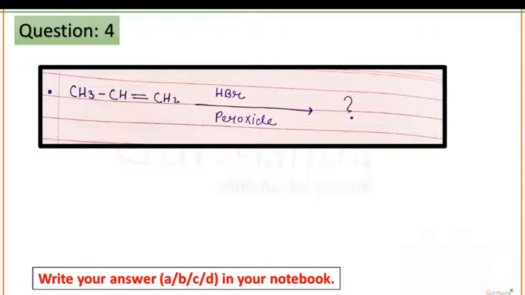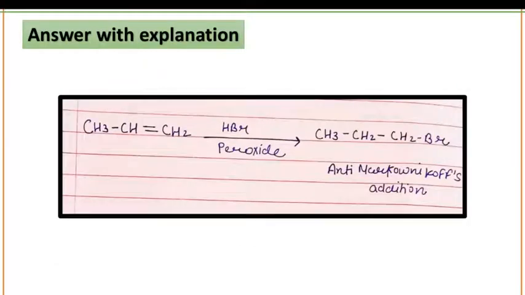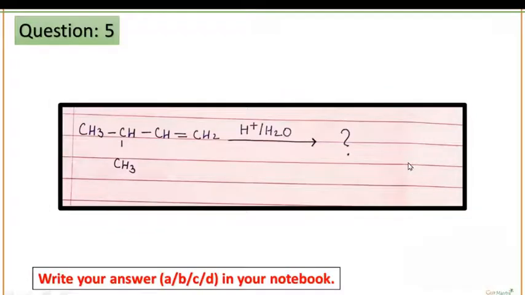So time up, guys. The correct product for this question is like this. You know it very well. In presence of HBr and peroxide, anti-Markovnikov's addition rule is followed. So according to anti-Markovnikov's addition, Br will be attached to the last carbon atom. So the correct answer is this. Next question.